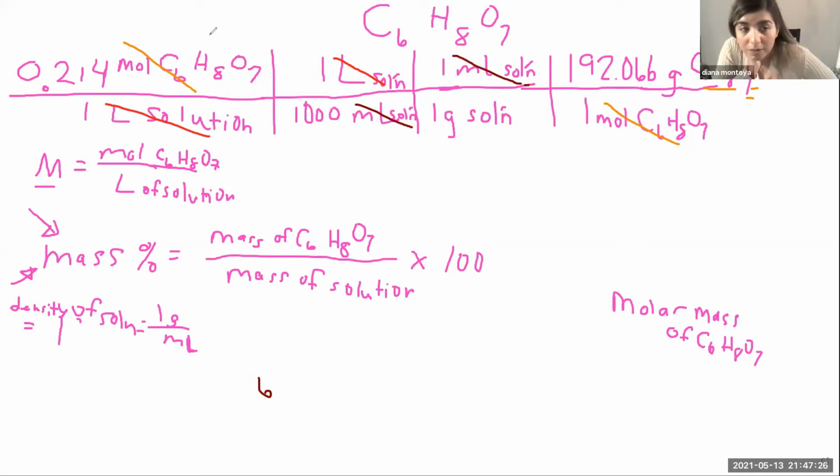Because we multiply 0.214 times 192.066 divided by 1,000, and then you multiply it by 100, right? Multiply it by, you mean 192, right? Wait, so 0.214 times 192 divided by 1,000.